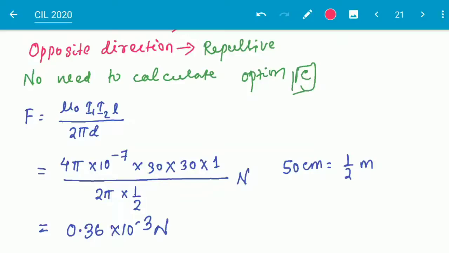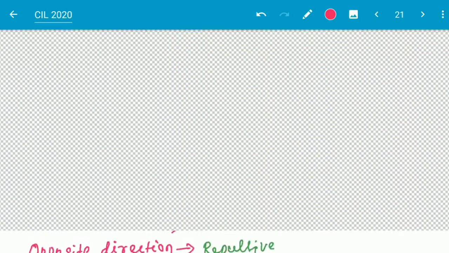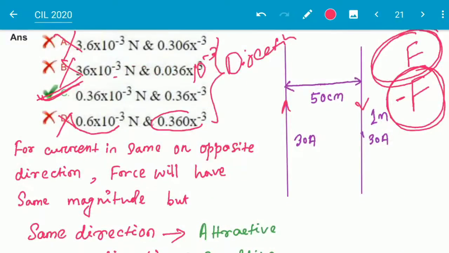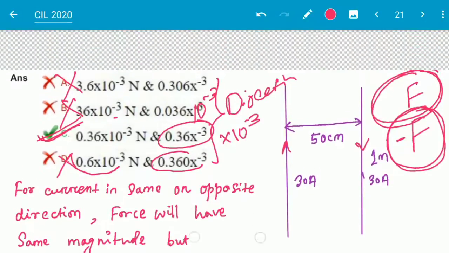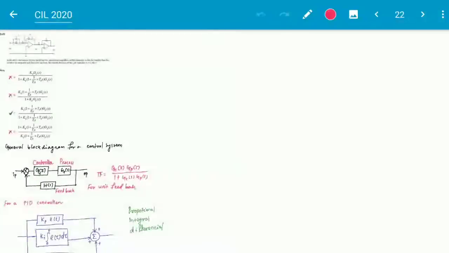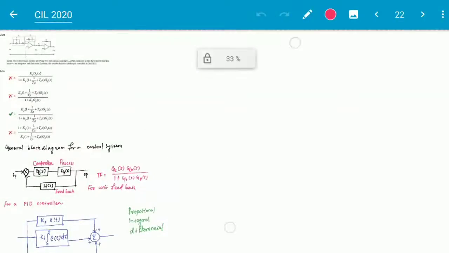Putting in the values we get 0.36 into 10 to the power minus 3 Newton, which is given in option C. This is into 10 to the power minus 3, not x minus 3. Next question, here is the question.